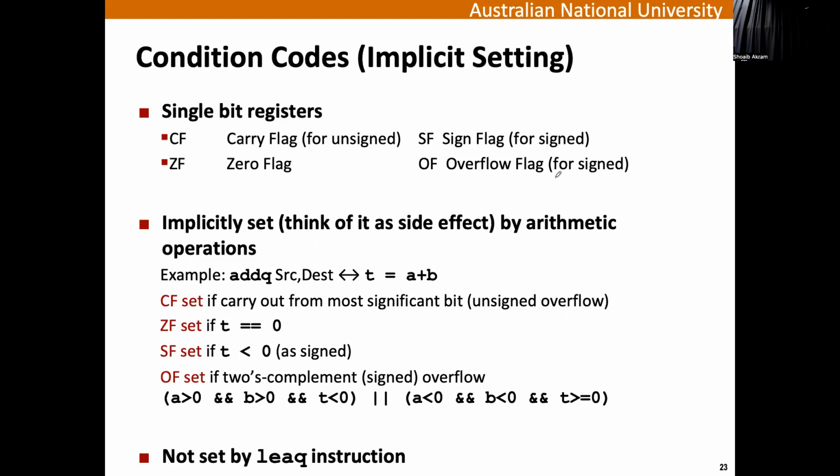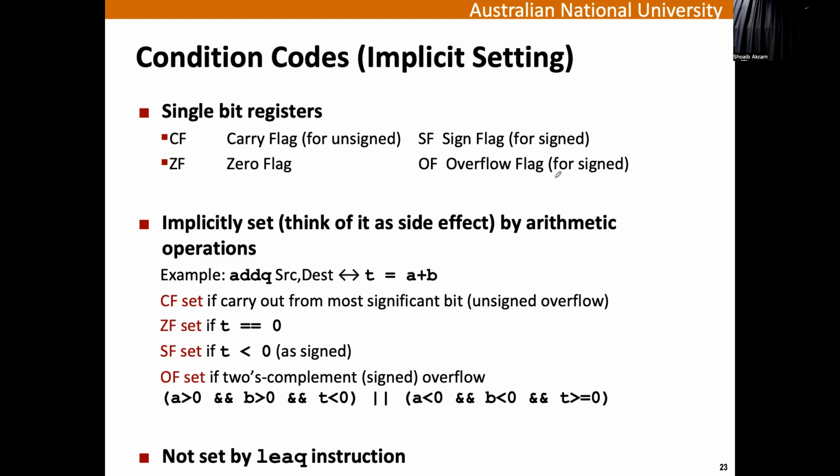Most arithmetic instructions set the condition codes except lea. Lea does not set the condition codes. Or you can set the condition codes explicitly. There are special instructions that can set the condition codes for you, and we'll see the use of that.